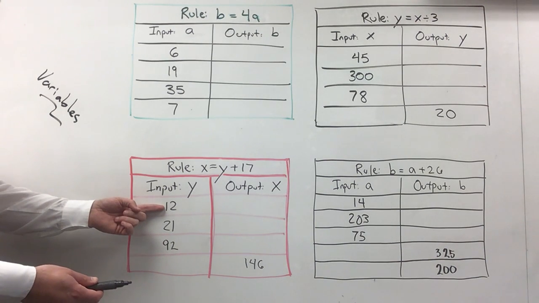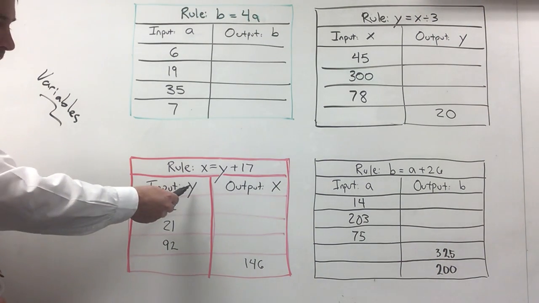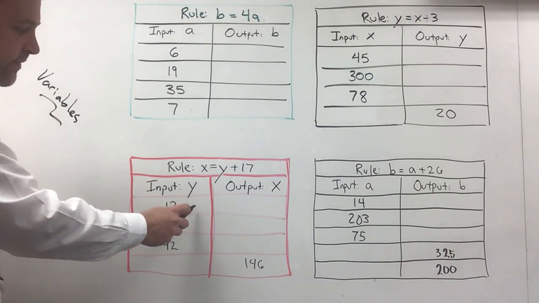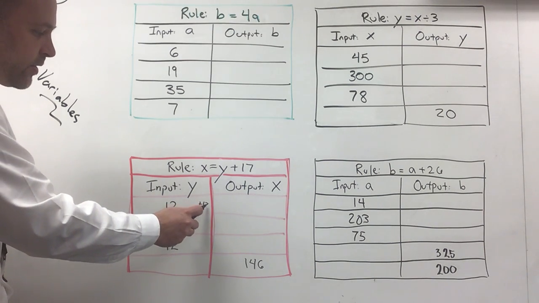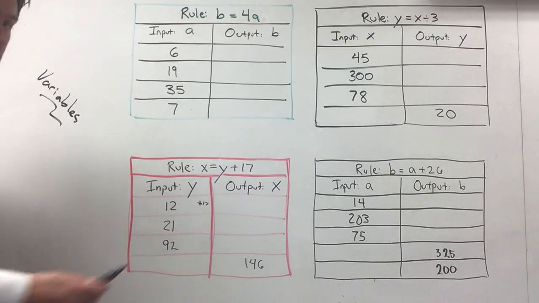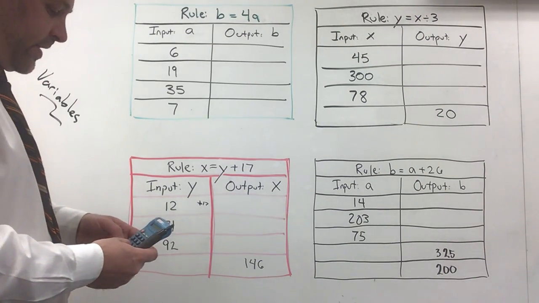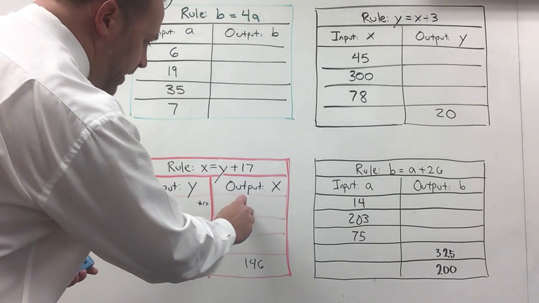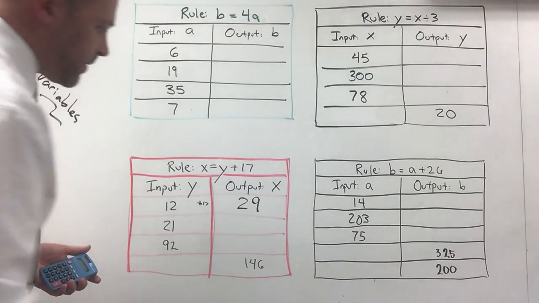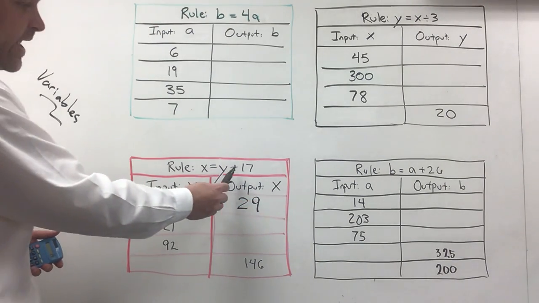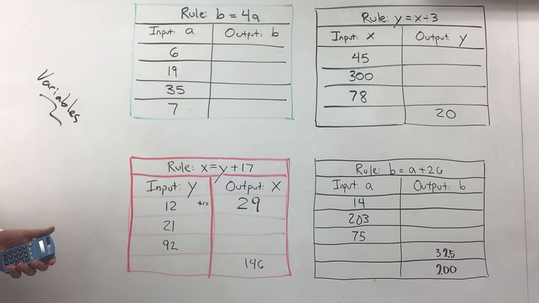Well, if we have 12, that's my Y. So if I add 17, I can just squeeze this in here. 12 plus 17. If you don't know it, you can type it in. 12 plus 17 is 29. But that's the rule I have to follow. I have to add 17 there, okay?